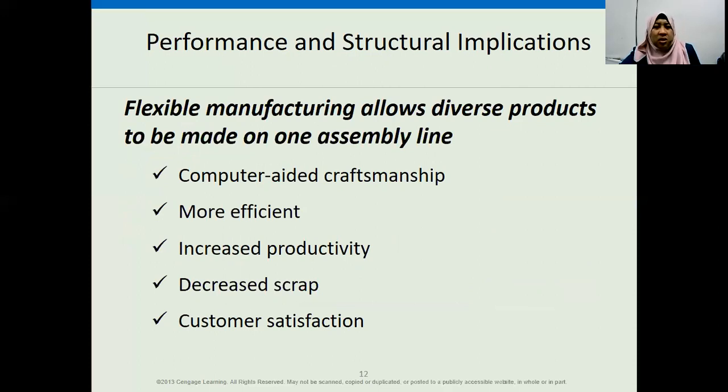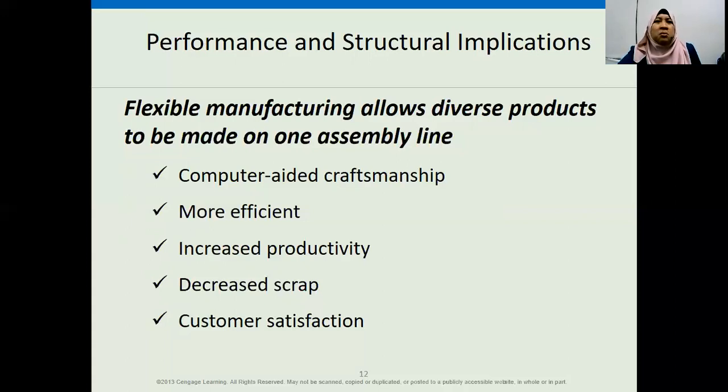So when we do flexible manufacturing, this allows diverse products to be made on one assembly line, and this is the advantage. Decreased scrap here means it is able to reduce waste. For a good company, especially a factory, being able to minimize your waste is a good sign of how you manage your resources.